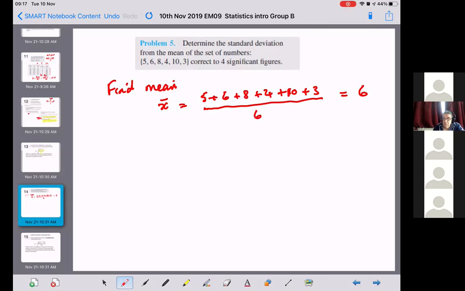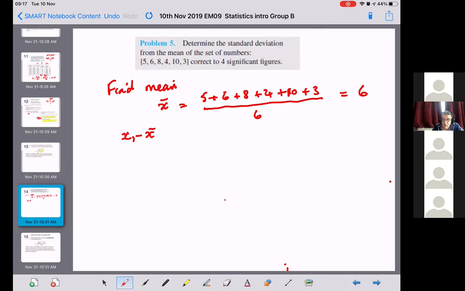Then what we need to do is find the standard deviation. What we really want is a table of X minus X bar for each value.